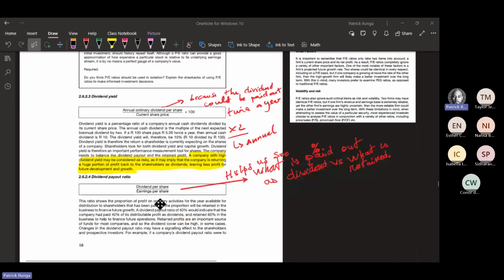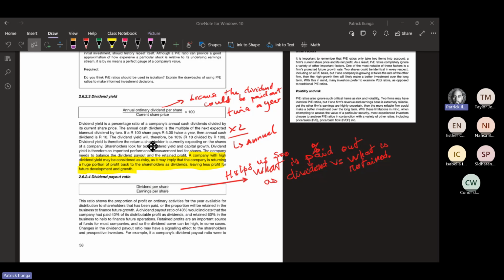Okay, I will leave you with the rest, three very easy, very important again, but I want you first to start a discussion with me in our chat, or if there's something that you struggle with. But this is quite easy, right? So we have the dividend yield. We take the annual ordinary dividend per share divided by the current share price. Remember, it's a yield. It is a percentage.